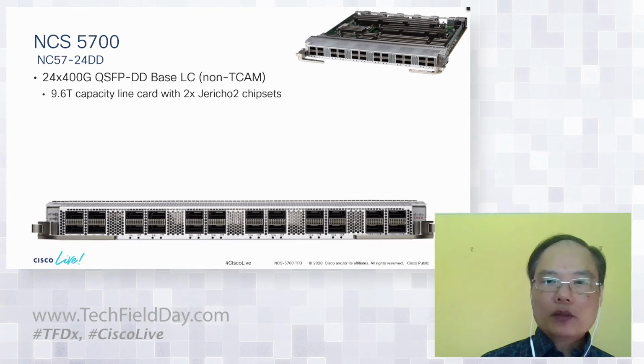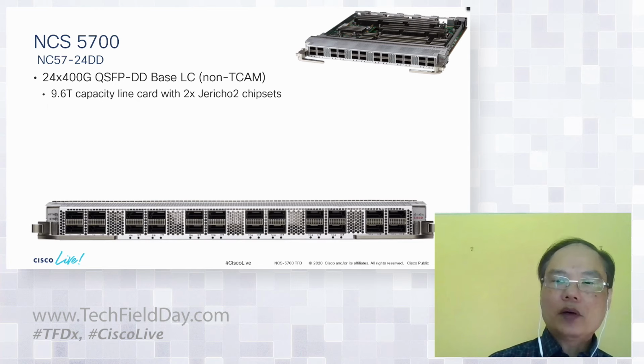We will talk more about 400 gig optic support and QSFP-DD form factor in the next section. It is using 2 Jericho II NPUs and therefore supports a total of 9.6 terabits throughput. And this is line rate for all 24 ports of 400 gig.